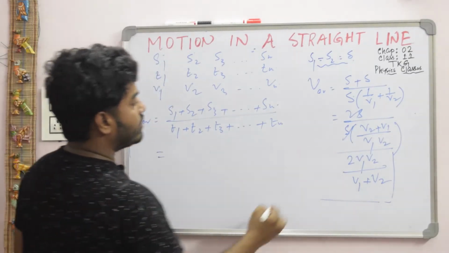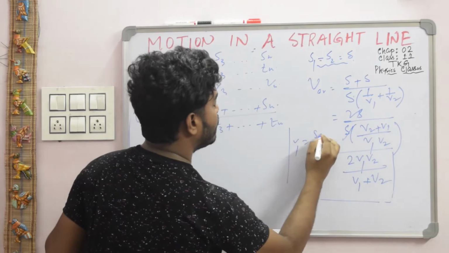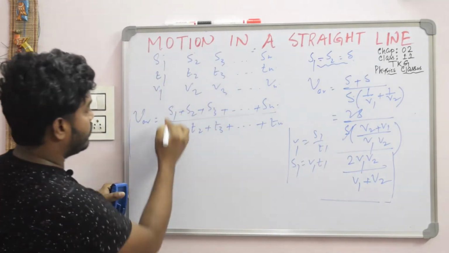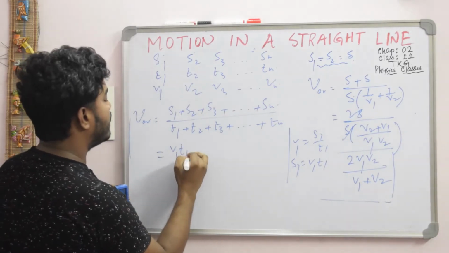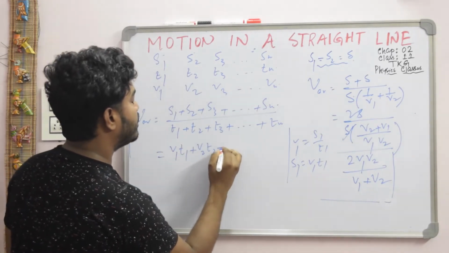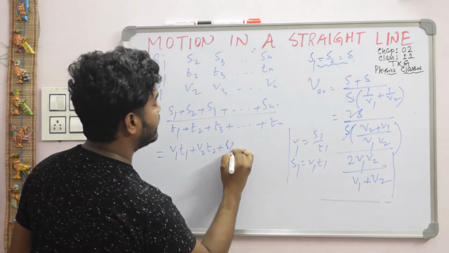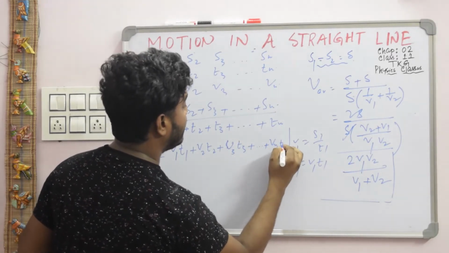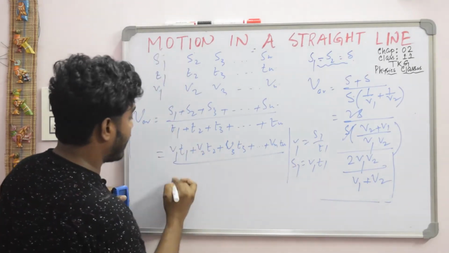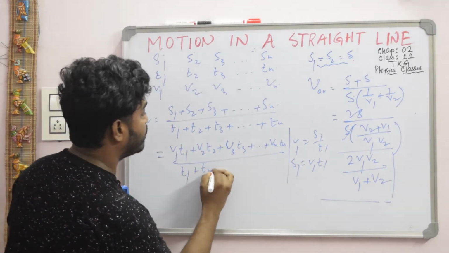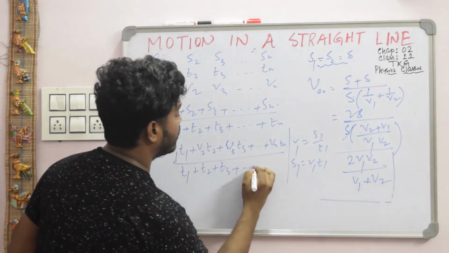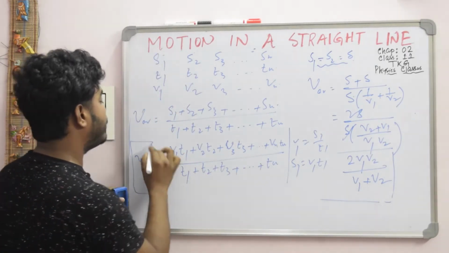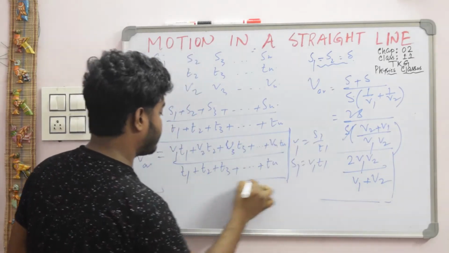Now in the place of S1, you know that V1 is equal to S1 by T1, so S1 will be V1 T1. So write V1 T1 plus V2 T2, for S3 V3 T3, plus up to Vn Tn, divided by the time T1 plus T2 plus T3 plus up to Tn. So this is another general formula for calculating average speed.